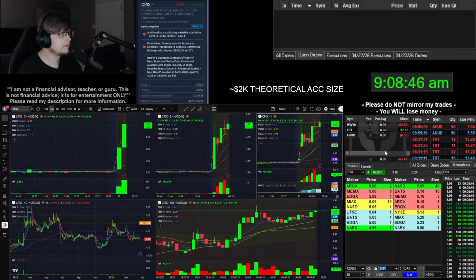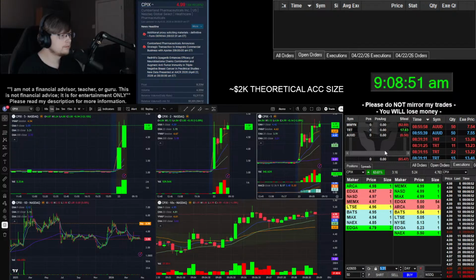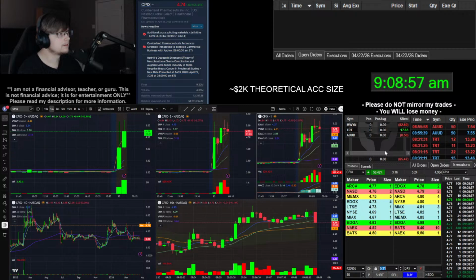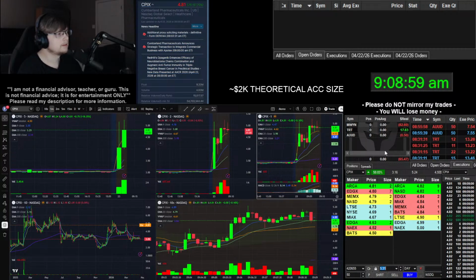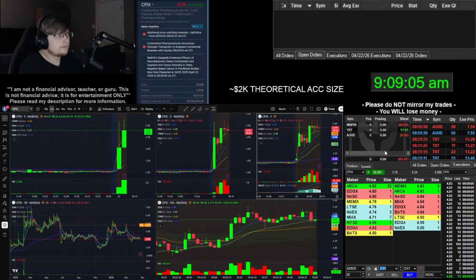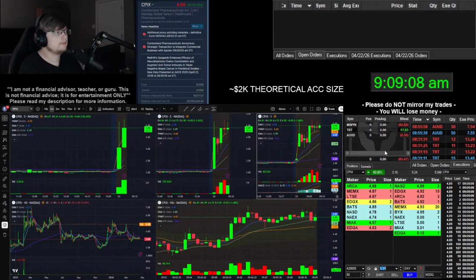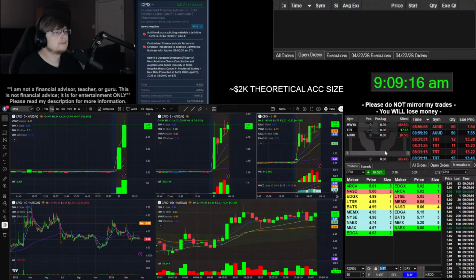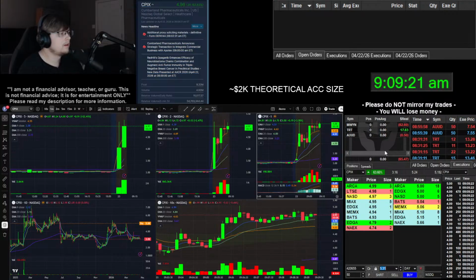Breaking through there, but we get pushed back down again. Now we have 3 topping tails, but we're still not breaking down.